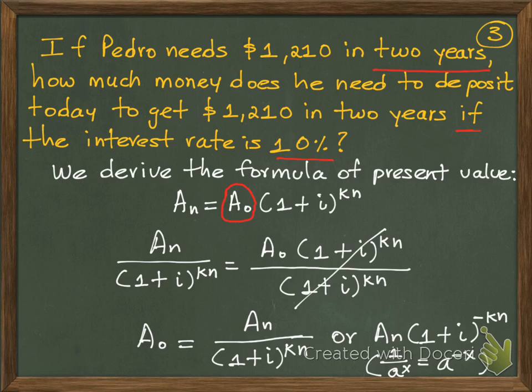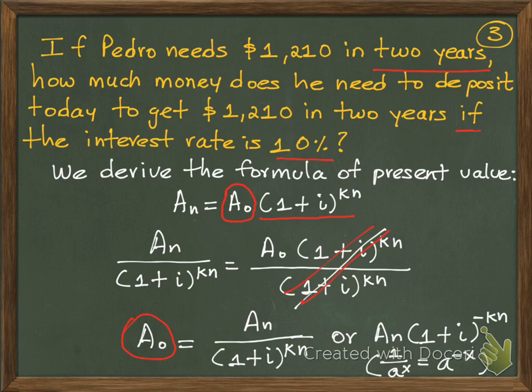So this A_0 is multiplying this term, so this term goes to the other side and it divides A_N, or divide the whole equation by this term, and then you eliminate this part and you get the value of A_0. So A_0 is going to be A_N over (1 plus i) to the k times n.